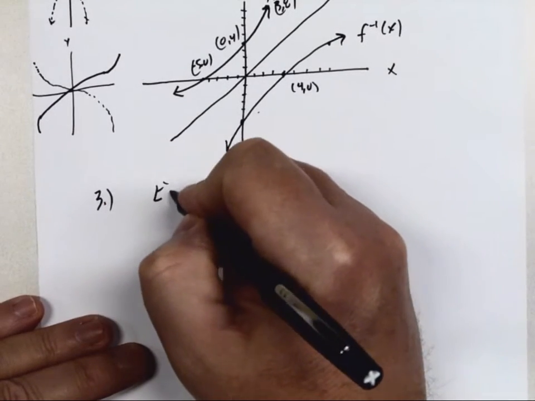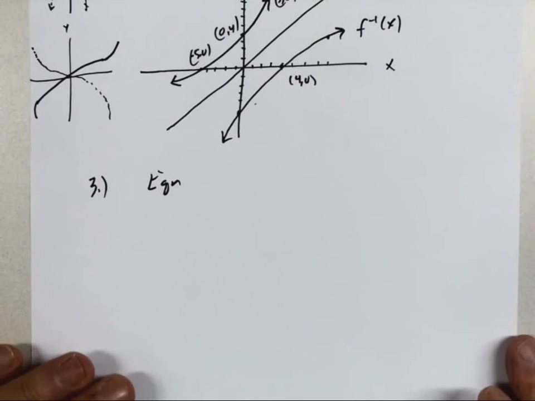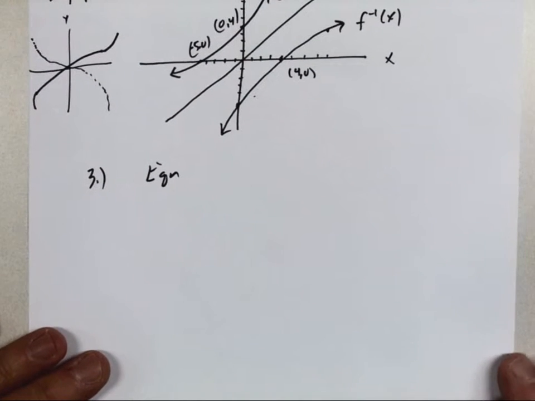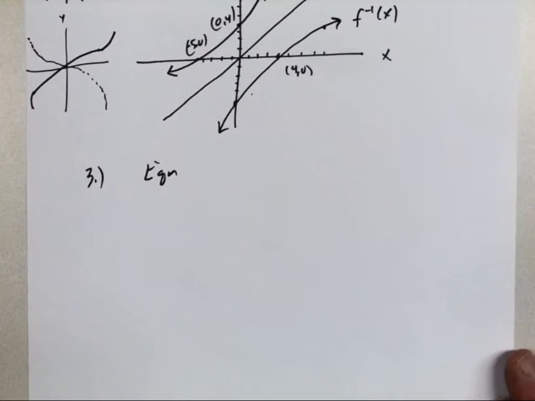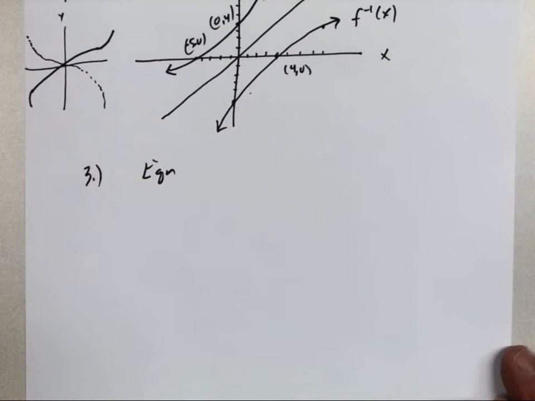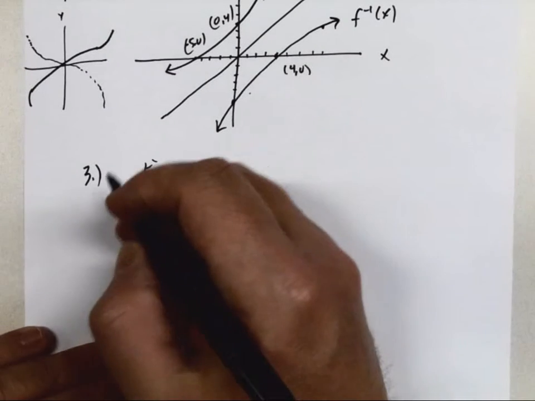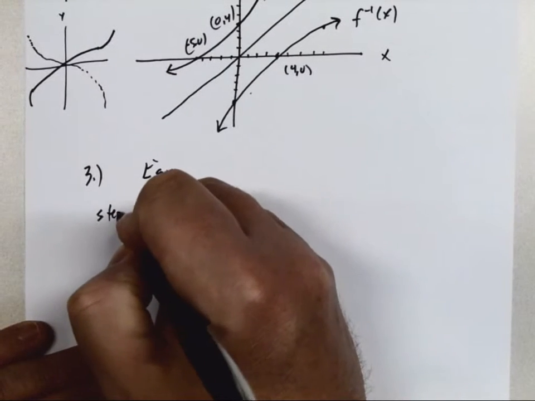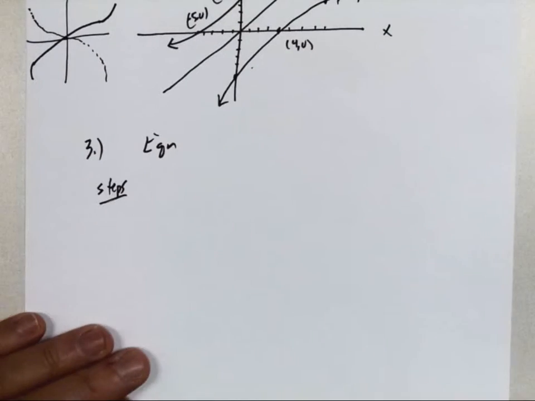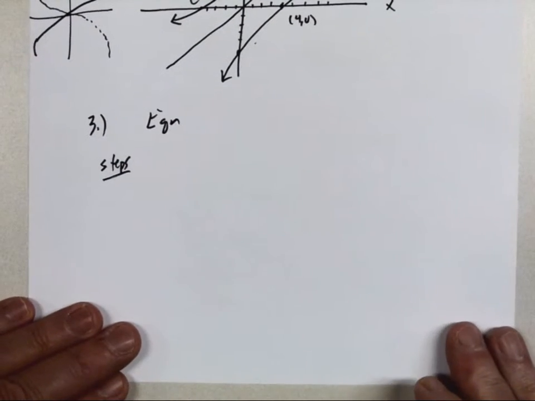Now the last one. If you're given an equation as a function, how do you find the inverse? And here, there's actually some steps you go through. It's not too difficult. Let me actually write down the steps and do a couple of examples, and I think you'll see it's not that hard.